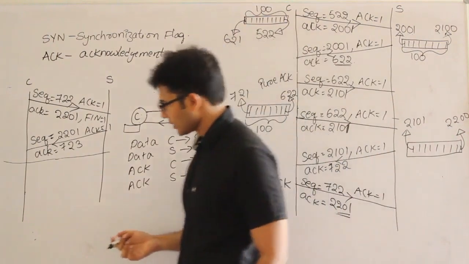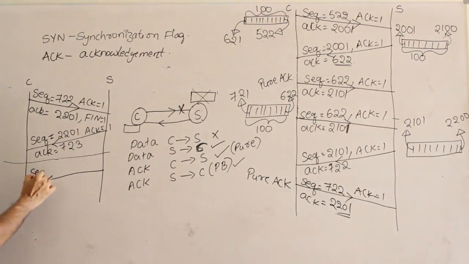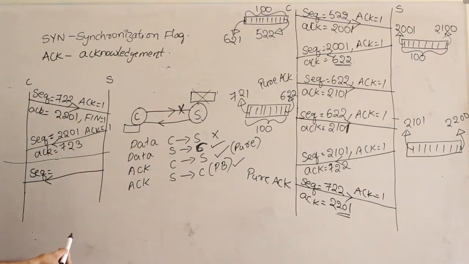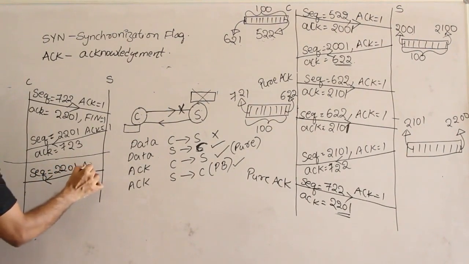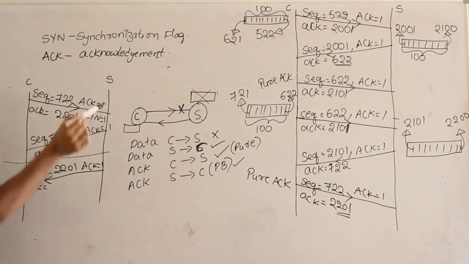Okay. So now if the server wants to close the connection, it will send a packet. On that packet what will be the sequence number? What is the sequence number available next at the server side? 2201, and it should always contain acknowledgement number, right? What is the acknowledgement number that should be present on this?